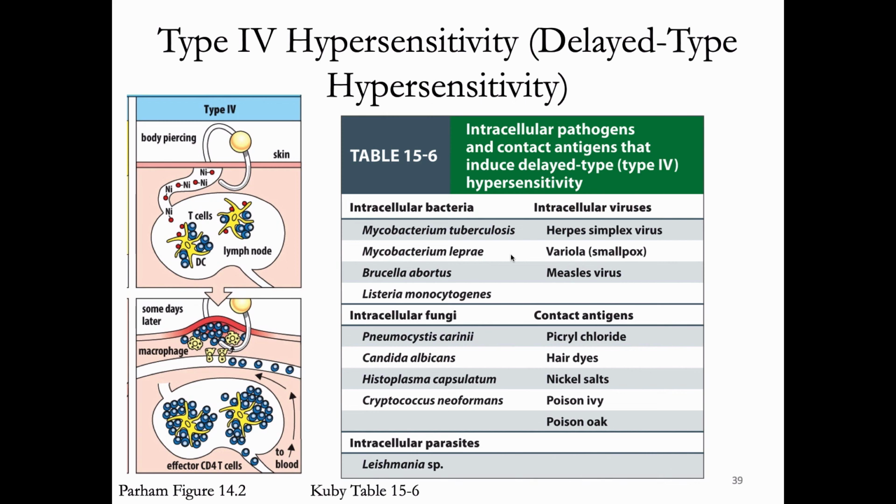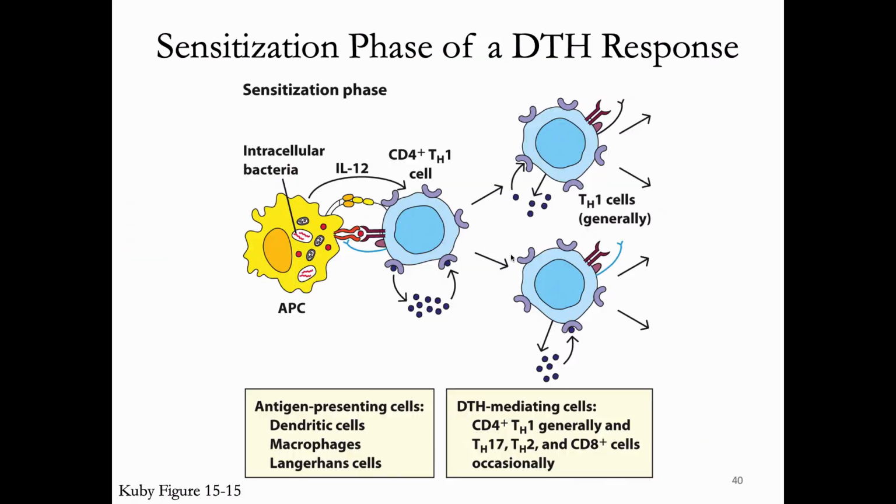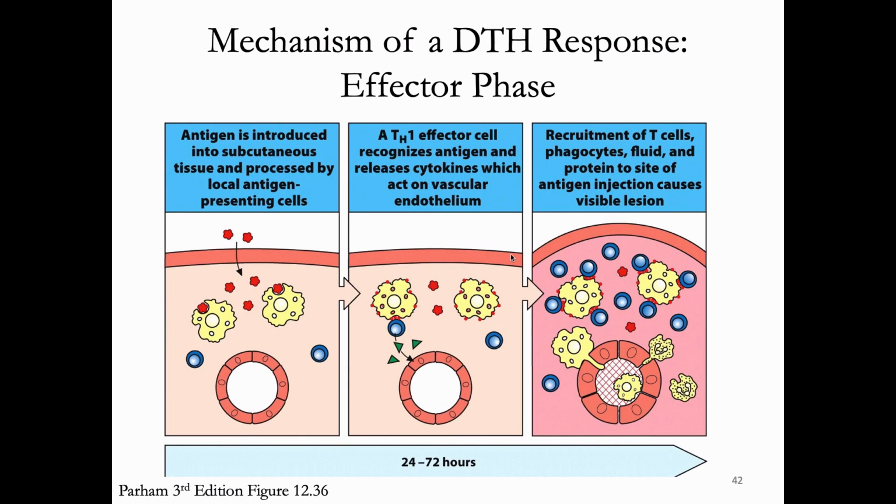symptoms. Yep, Mark? Does this only happen with skin contact, or can you get a type 4 hypersensitivity response through the digestive tract? Every example that I can think of, whenever we do experiments with it, we do them as skin experiments.